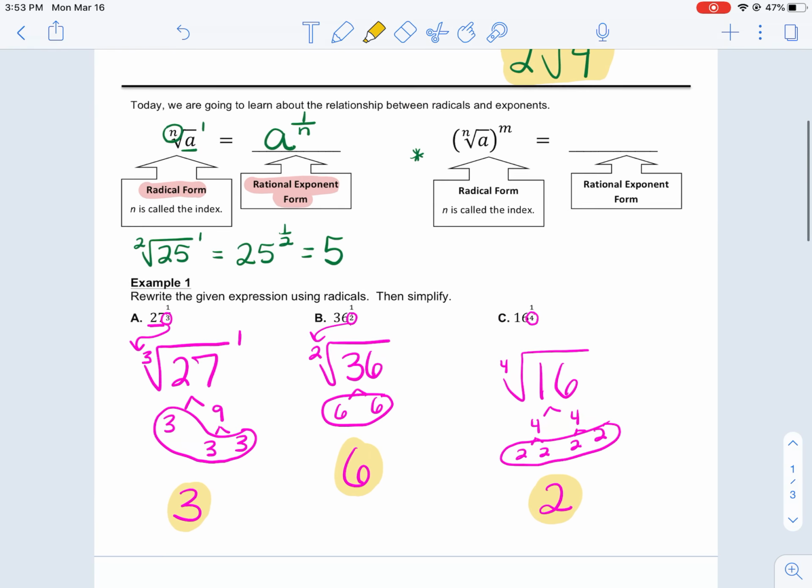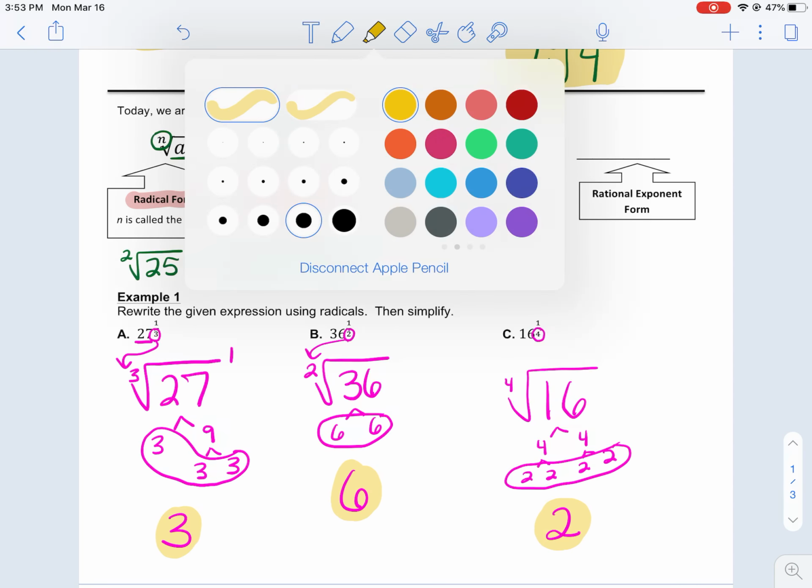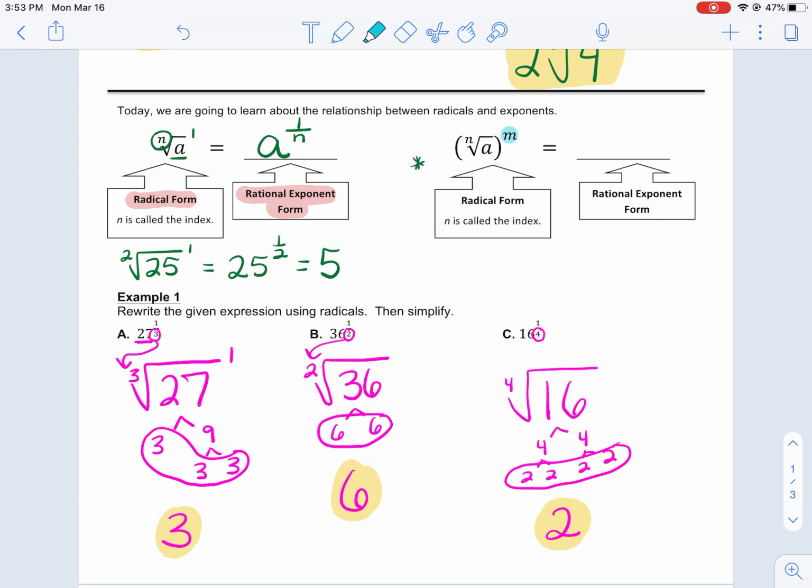Now, in the next set of examples, you're going to notice that there's going to be a number when we rewrite. What we just did is we went backwards here. We wrote our rational exponent as a radical. In the next set of problems, when we write our radical, we're going to have an exponent on the outside.